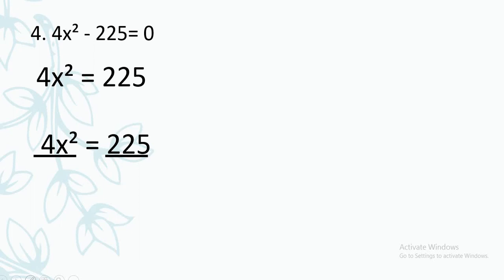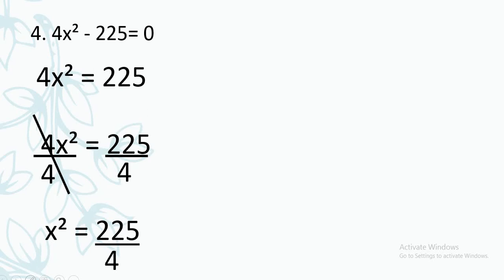So, 4 din yung ilalagay natin sa denominator. Ma'am, paano kung ang value natin na katabi ni x squared ay 5? So, meaning to say, ang ilalagay nyo sa denominator nyo both sides is 5. Anong reason? To cancel it out. Okay? So, ang natira na lang natin ay x squared, okay, is equal to 225 over 4.